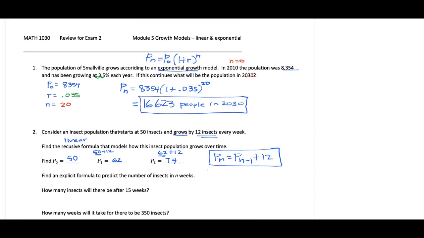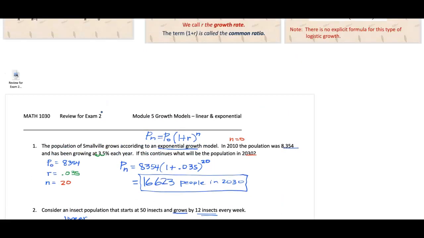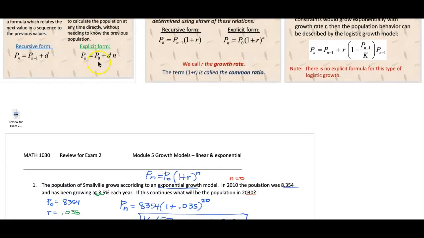Again, with our explicit formula, remember these will be given to you on the exam. This time we've got P sub n equals P sub 0, which is the start amount, plus D, which is the amount it's being increased by every week, and n is the number of weeks.